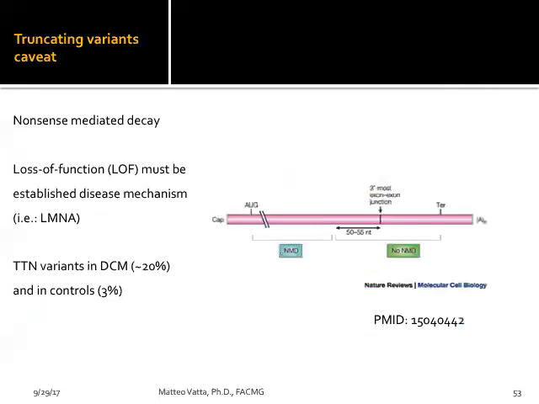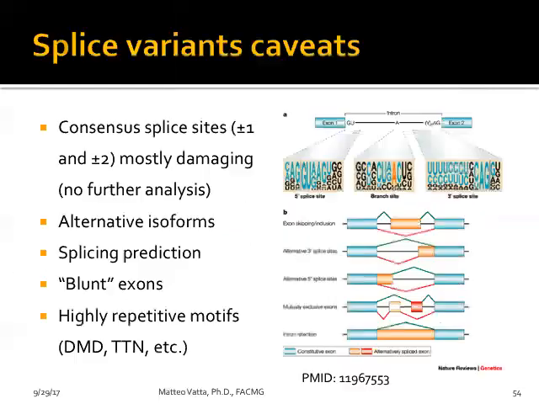The interesting part of titin is that the distribution of those truncating variants in cases versus controls is different. But when they first found that 3% of the population have a truncating variant in titin, this was very troubling.